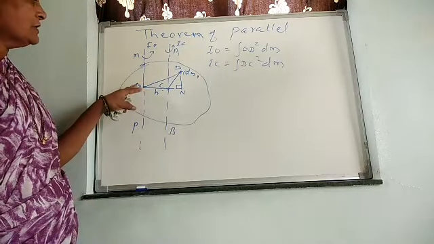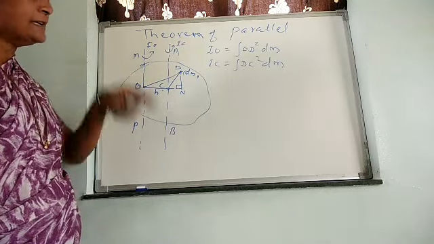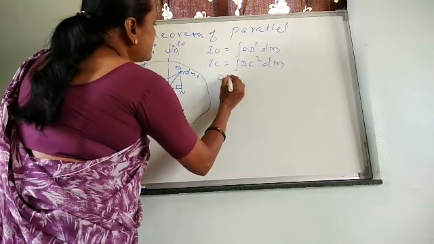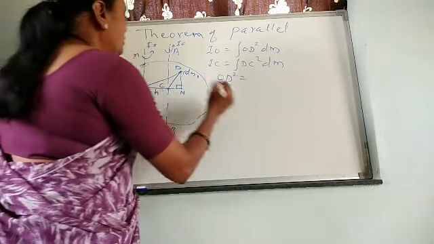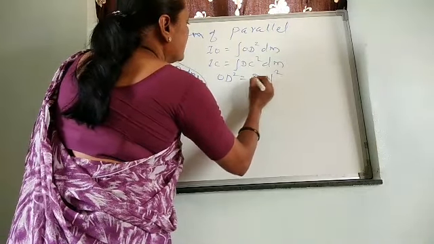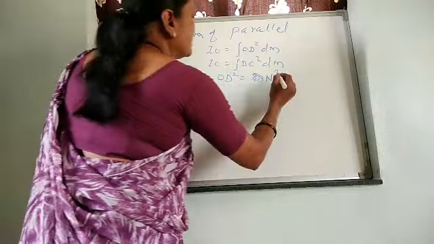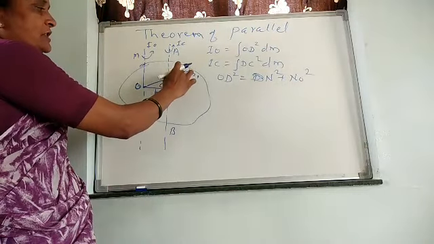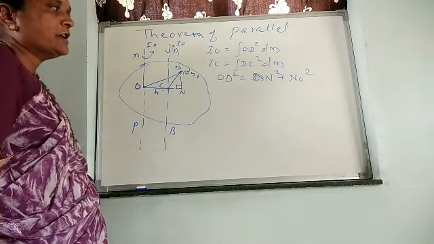Now, as ODN is a right angle triangle, we can write OD square is equal to DN square plus NO square.